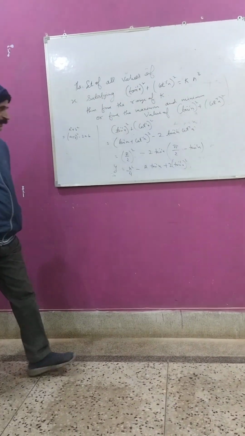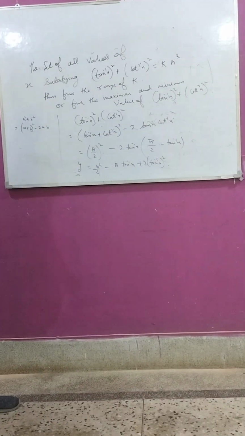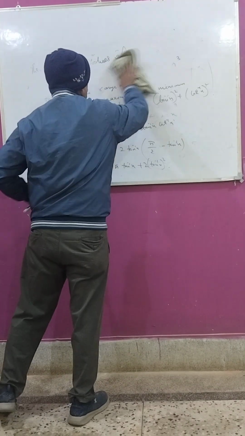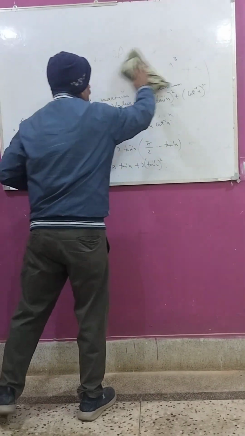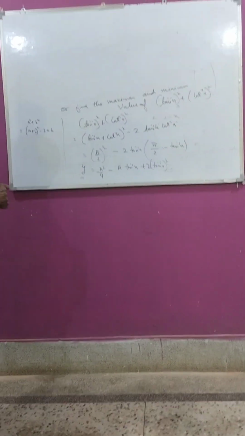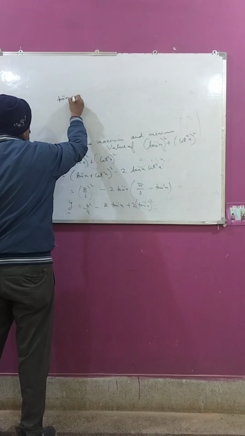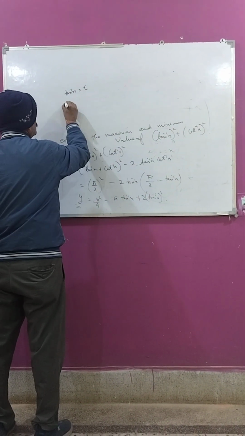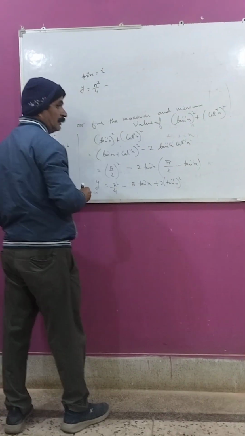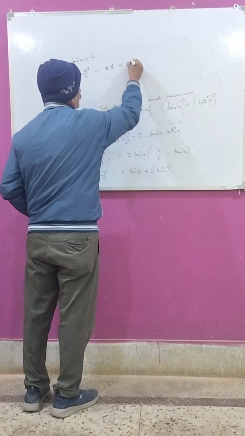All fine. Now see, let us consider tan inverse x equals to t. So we have y equals to pi squared by 4 minus pi t plus 2t squared.